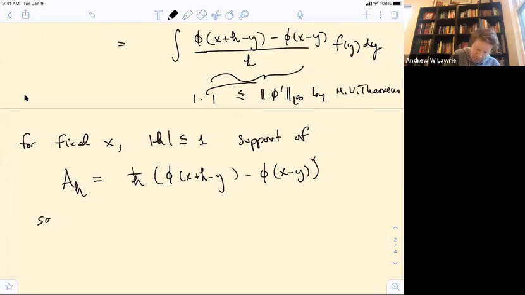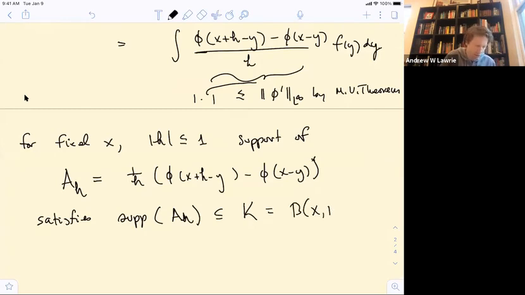It satisfies: the support of A_h is inside of K, equal to, say, the ball around x of radius 1 plus the support of phi.